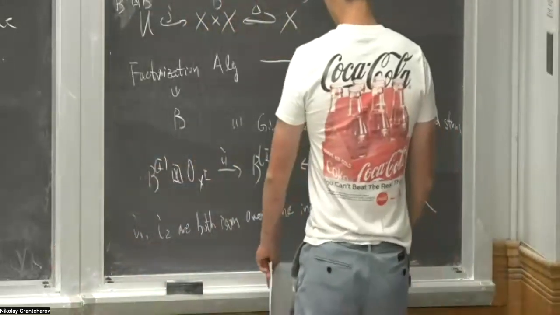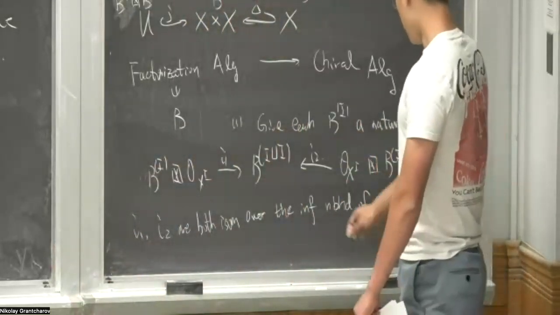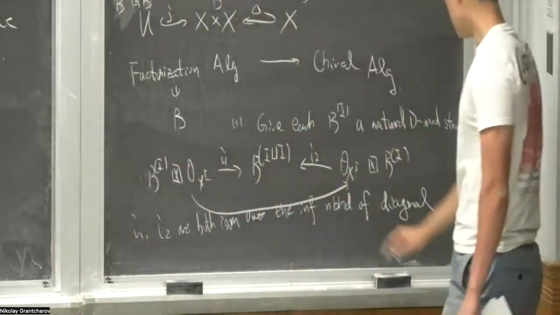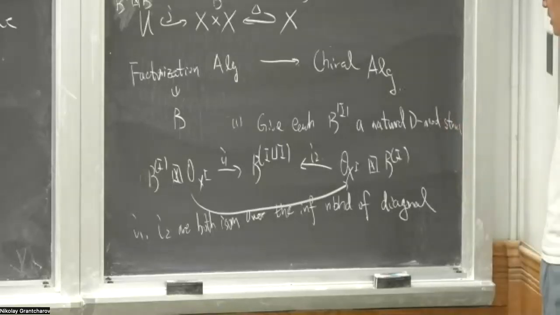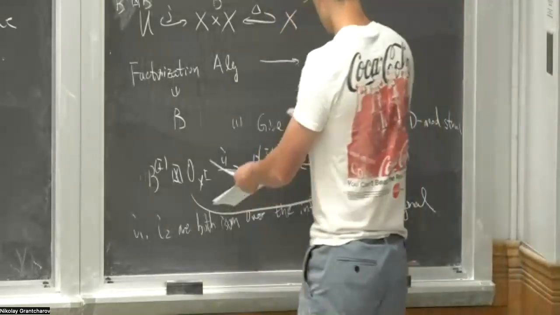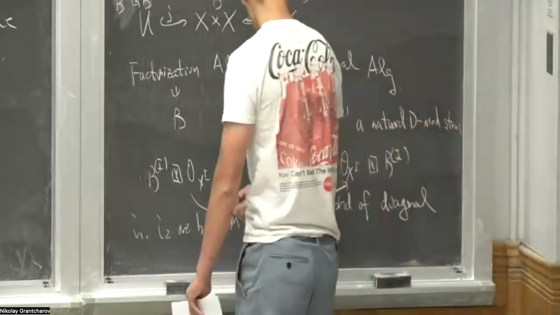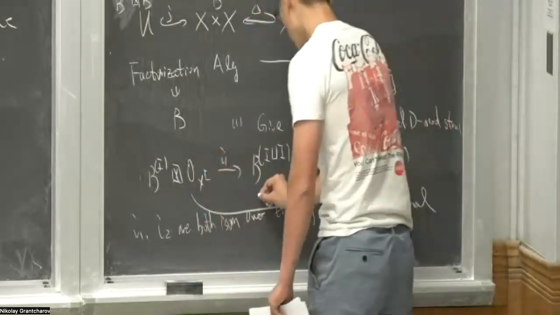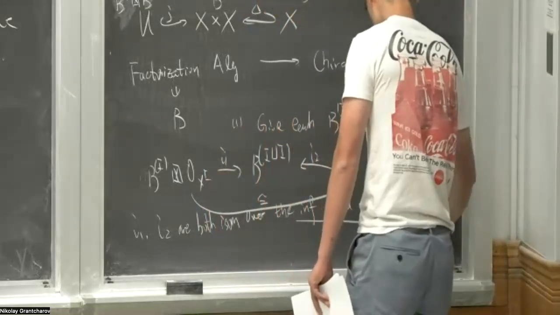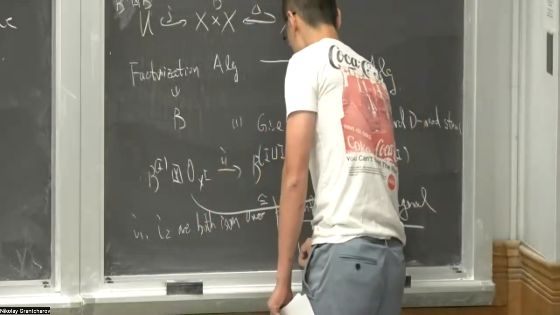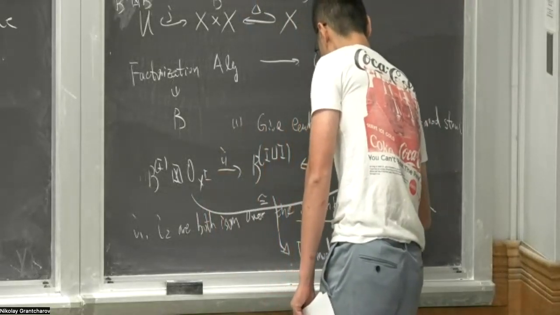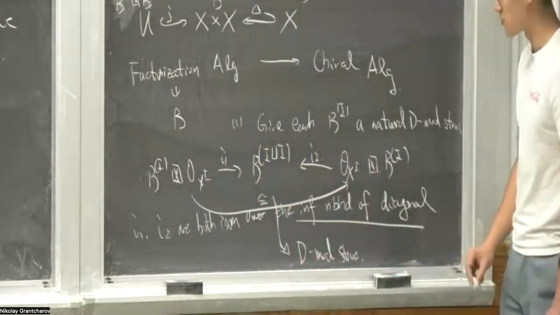Such an isomorphism over the infinitesimal neighborhood of the diagonal is just equivalent to a D-module structure, or just differential operators. So this is how you can get it.